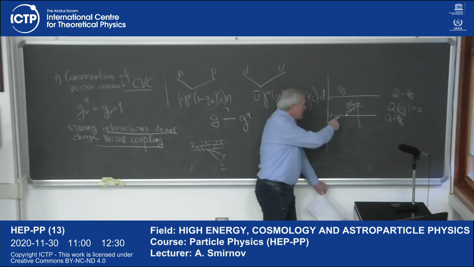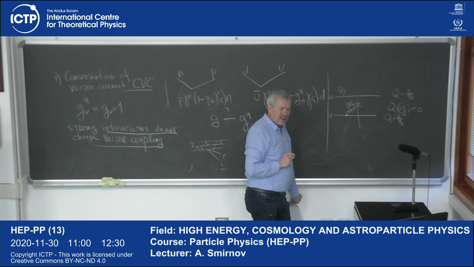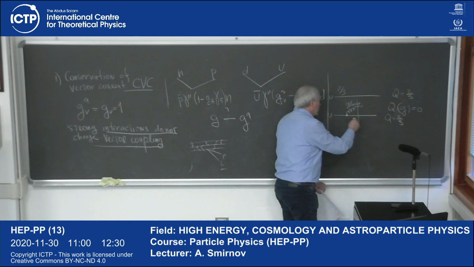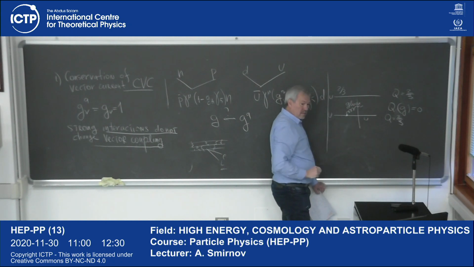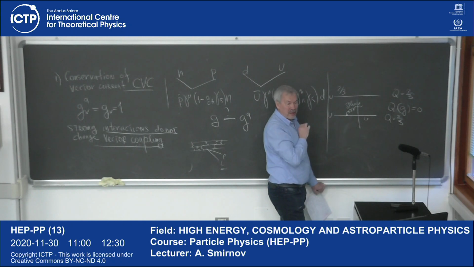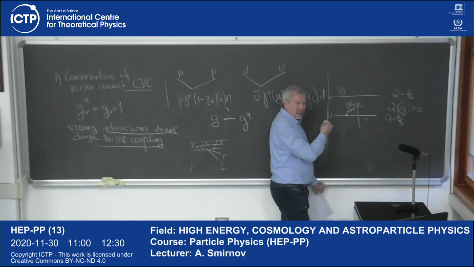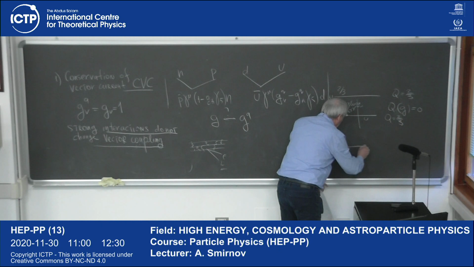And this is because in this vertex we have conservation of charge. So U will go to U, emit something neutral, but the total charge of the whole system again will be 2/3. So in spite of the fact that we have some additional interactions, the electric charge of this whole system doesn't change.